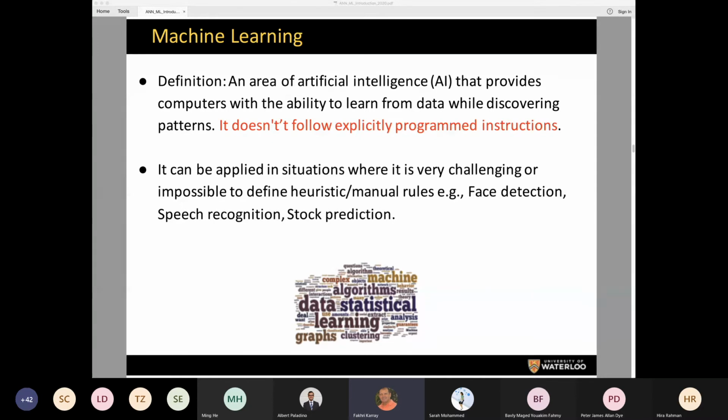It's an artificial intelligence tool that provides a computational system with the ability to learn from data. Presented with certain data, you have an engine that is going to extract the features of that data, and the more you train the system, we are going to see the training processes in a few slides, the more powerful the system becomes. This is completely different from the implementation of explicitly programmed instructions, which relate to pattern recognition.